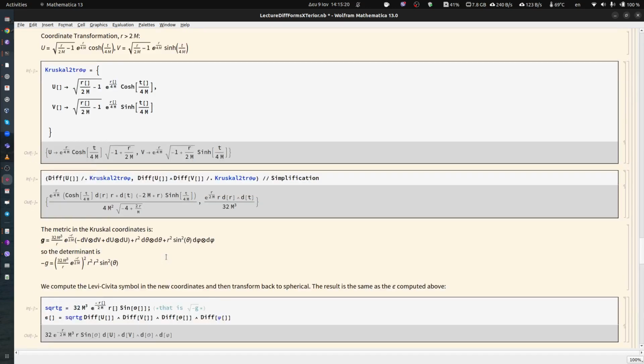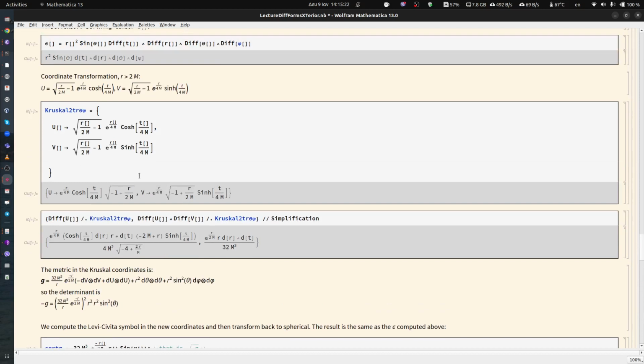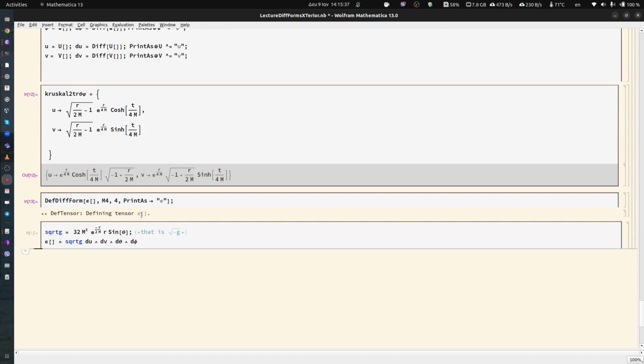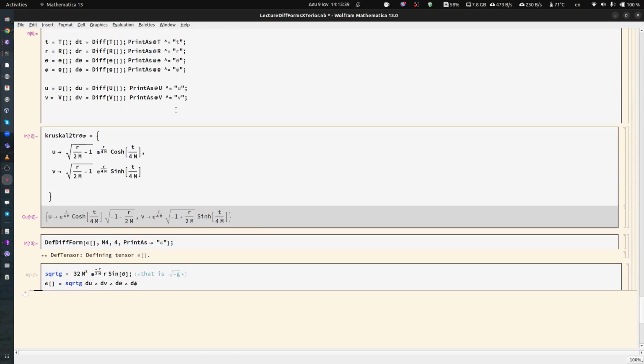Remember that in the rule defining the coordinate transformation, we have to use the square brackets here to be correct. But now, after applying this dictionary, we don't have to anymore.